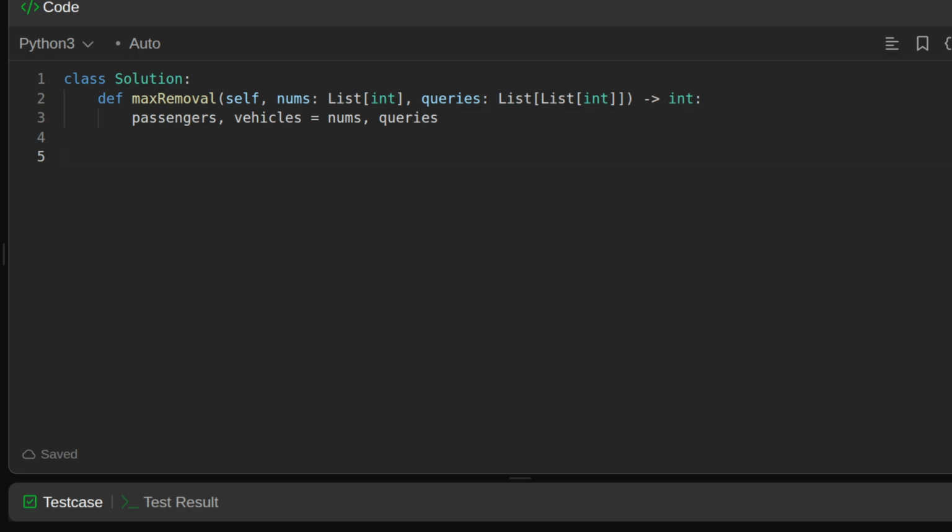All right, so first I need to sort the vehicles sector wise, right?